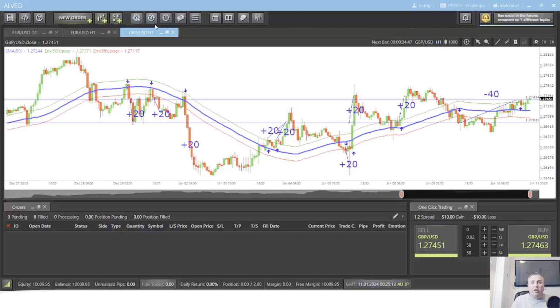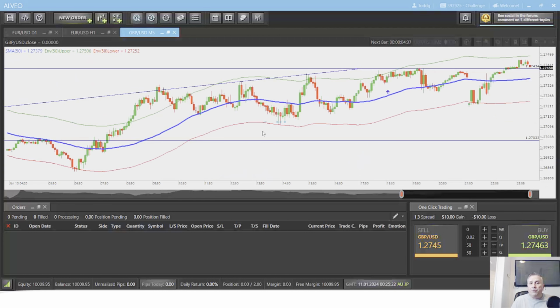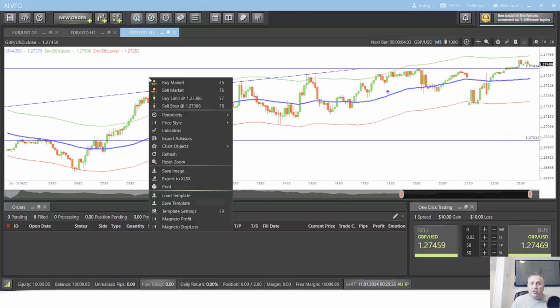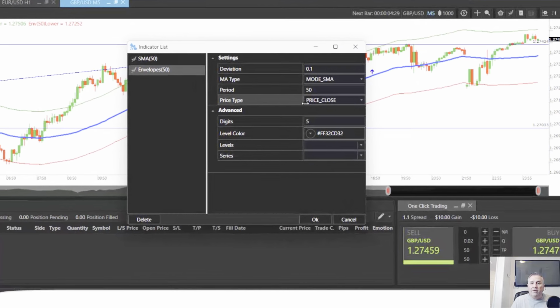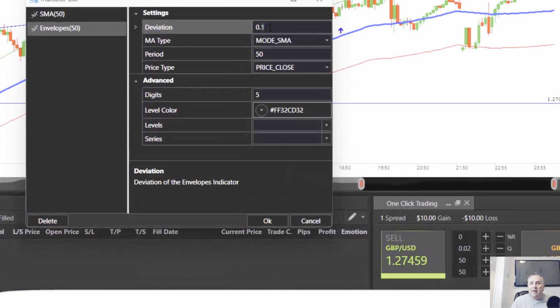Now, if we were to look at a different time frame, we're going to have to make some adjustments to the chart. So for example, if we go down to a 5-minute chart, we're going to have to adjust the deviation. So we'd go to the indicators, we'd go to the envelope, and we'd adjust this to maybe 0.05.